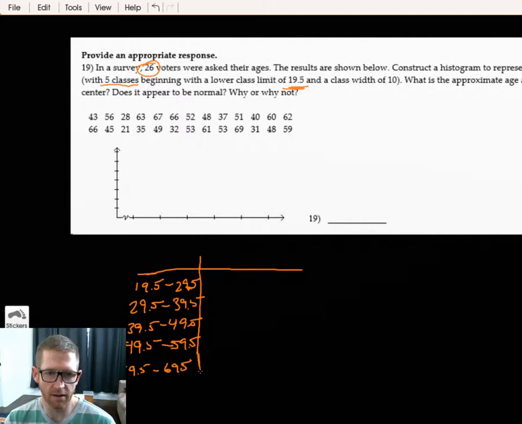Now in here I didn't leave a gap at all for ages.